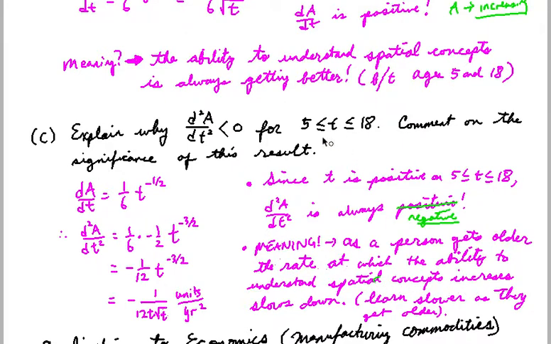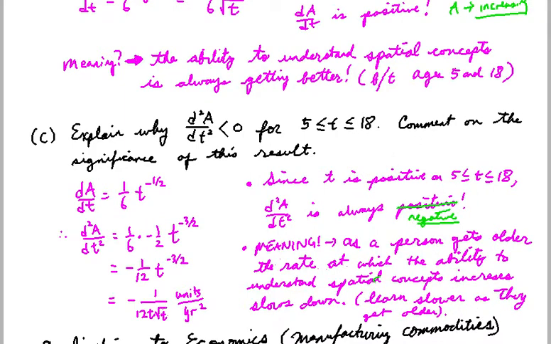So it's still increasing between 5 and 18, but as I go closer to 18 from 5, the rate at which I learn is going to slow down. My ability to learn is going to get slower. So I learn slower as I get older.